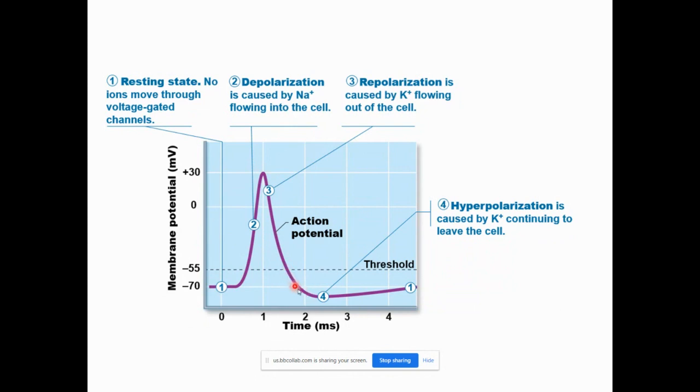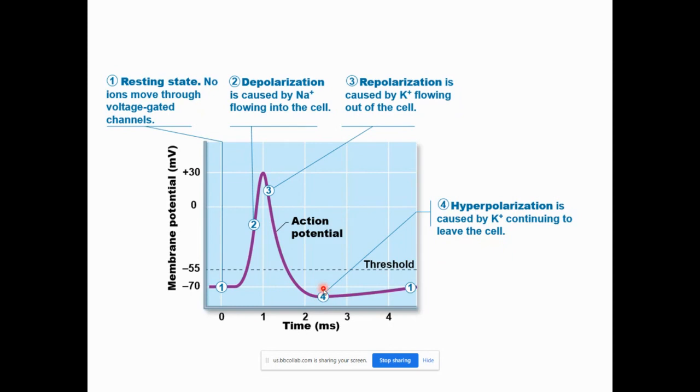One more little step: after repolarization, meaning back to rest, it overshoots, right? It actually gets more negative than the resting membrane potential for a small period of time. And that's called hyperpolarization, because remember what that means?